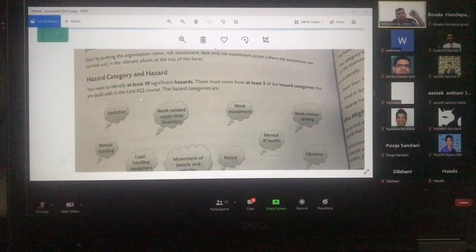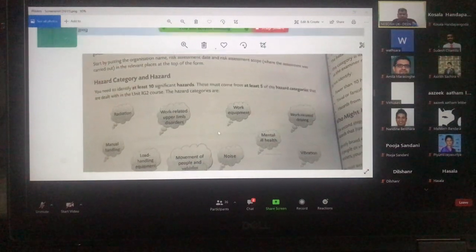IG2 is talking only about hazards. So any hazard you can take, 10 hazards. But they just have to come from 5 hazard categories. So what are those hazard categories? Radiation, manual handling, work-related upper limb disorders, work equipment, any of these hazard categories.